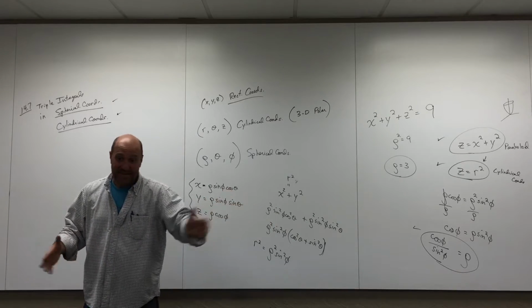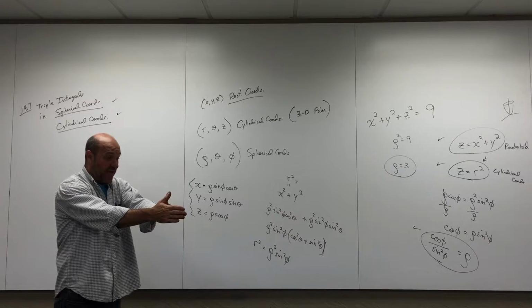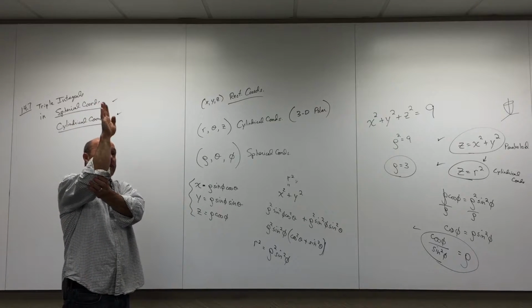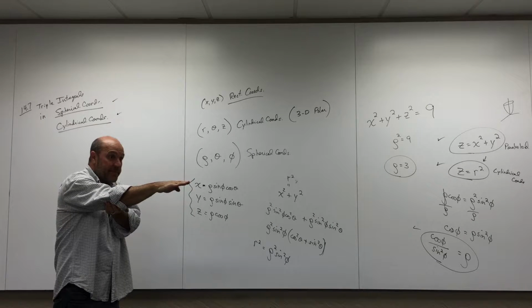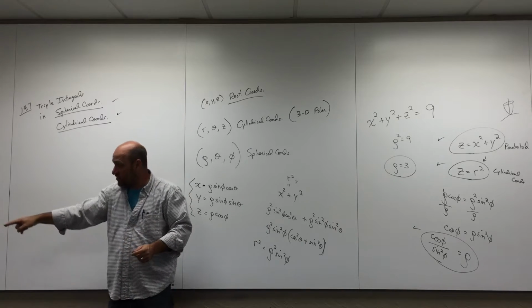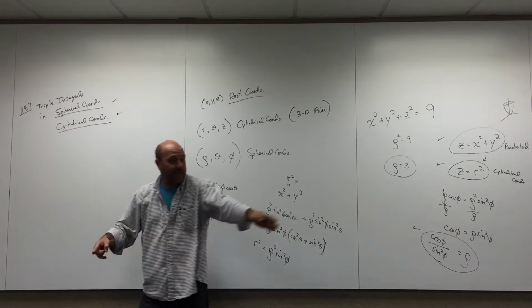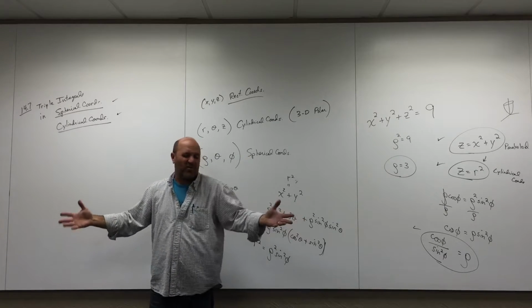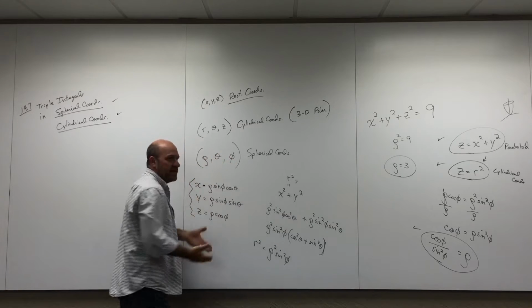That's rho. I also got to rotate down from the z-axis, this angle phi. I rotate theta, I rotate down phi, and then I walk out that distance rho. The order is rho, theta, phi.